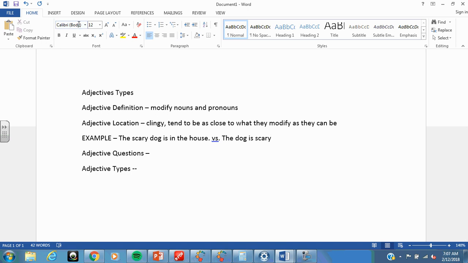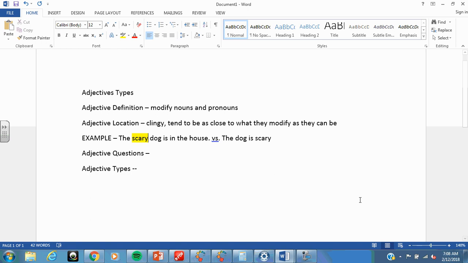What's obviously the most obvious adjective in the sentence? Correct. Scary. The scary dog. What kind of dog is it? It's a scary dog. It's modifying dog. It's changing dog. Dog by itself is different than the scary dog. So change is the word.